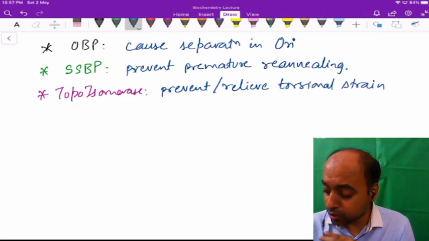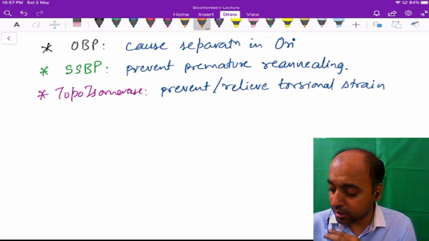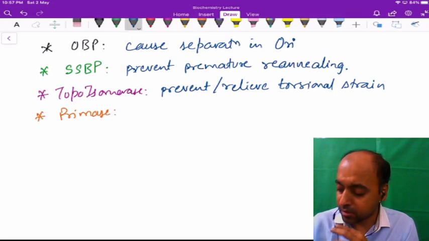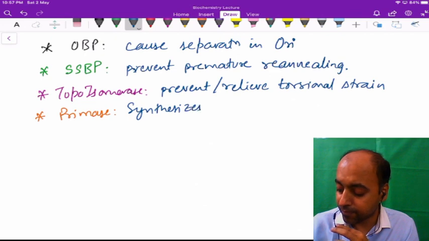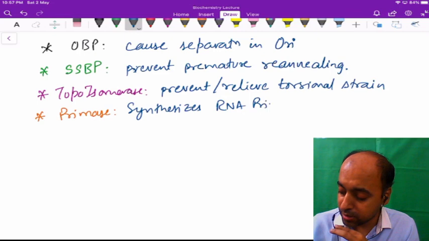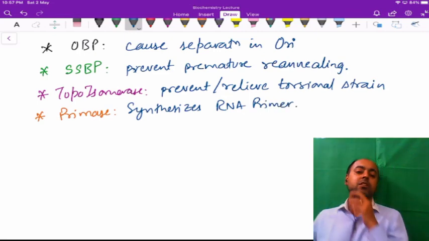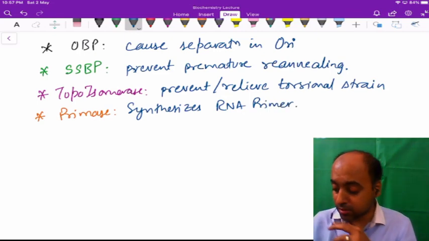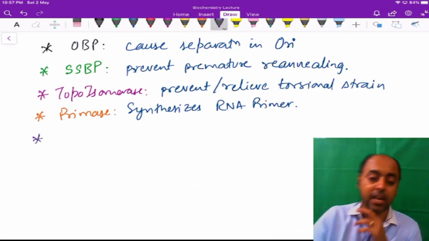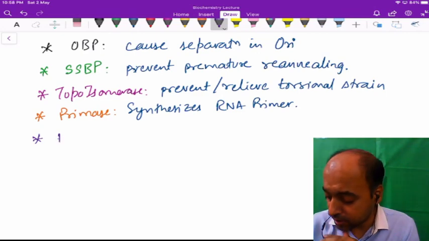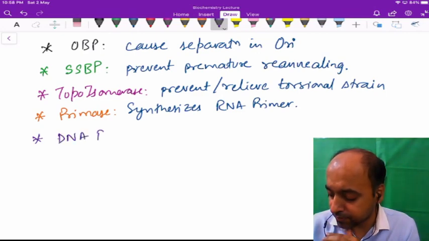After the action of topoisomerase, we have the very important primase. The primase synthesizes the RNA primer. This means the primase must be an RNA polymerase. The primer is then extended by the action of the DNA polymerase.